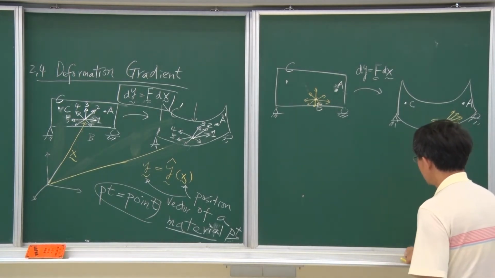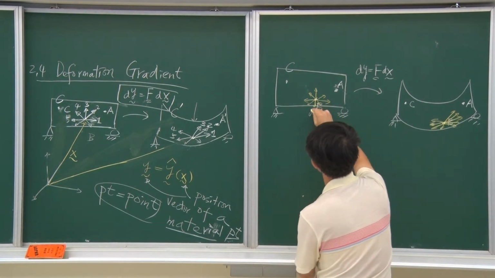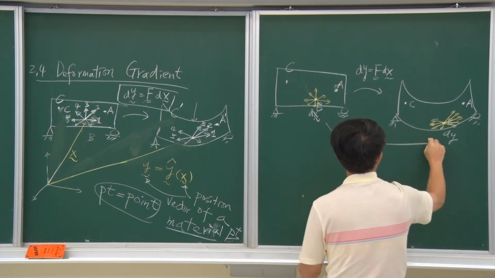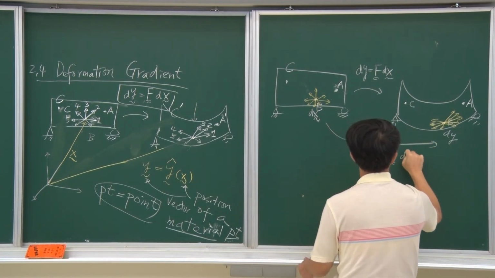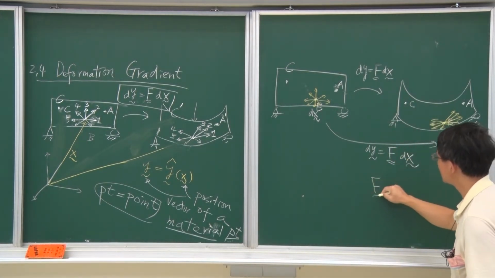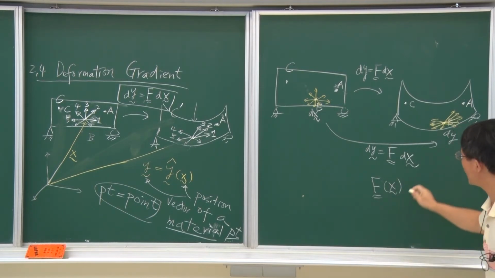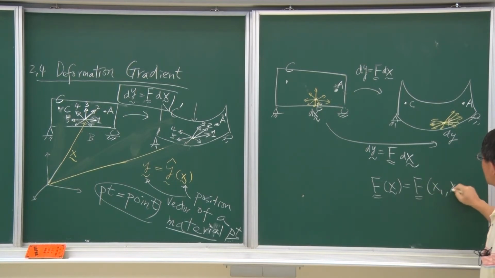And also this dx and this dy will be connected by this relation, right? See here, F is a function of x, which means that at different material points, this matrix will not be the same.